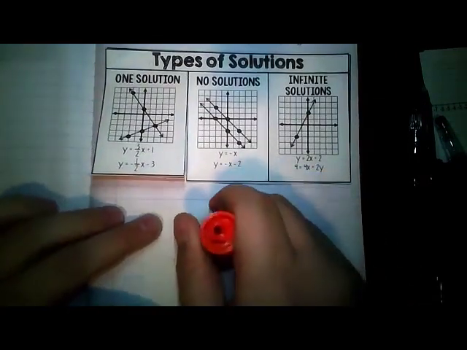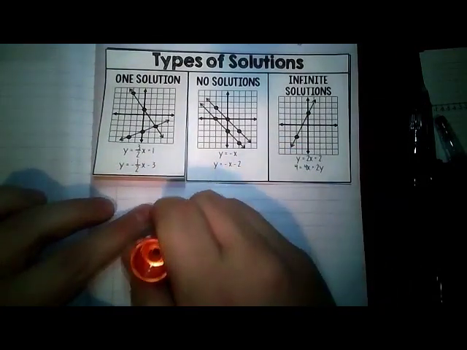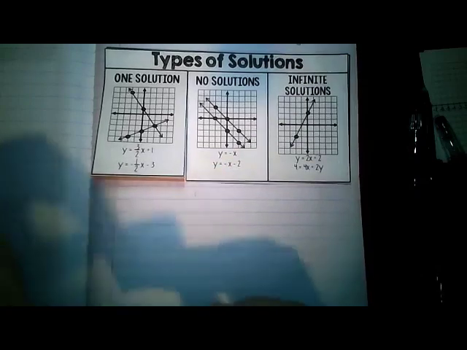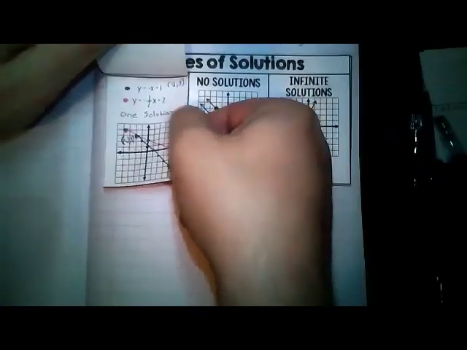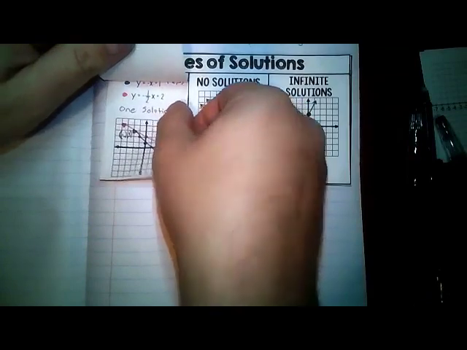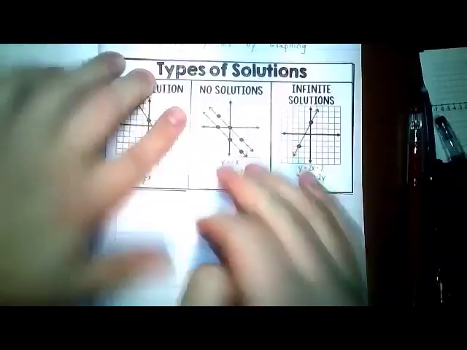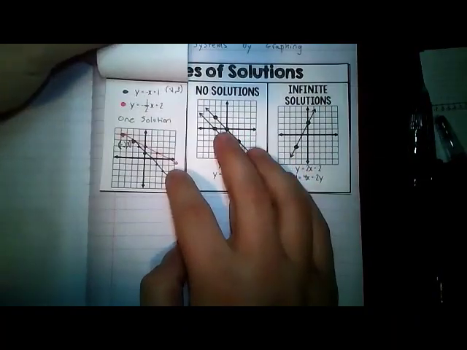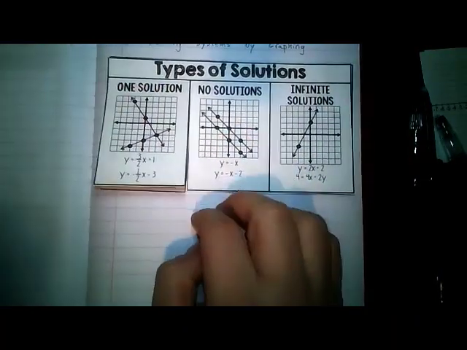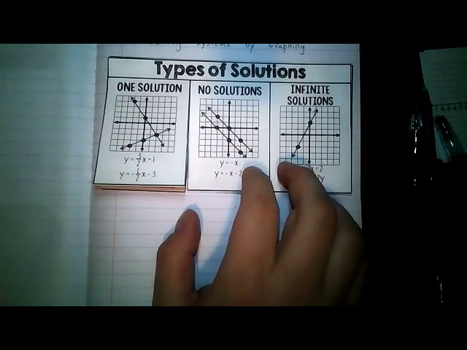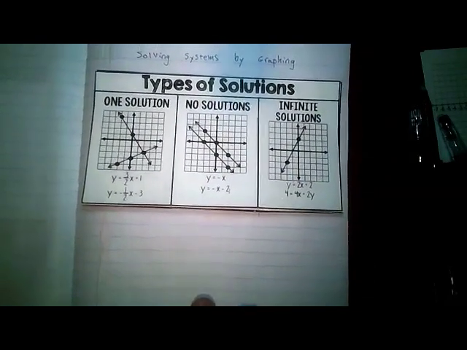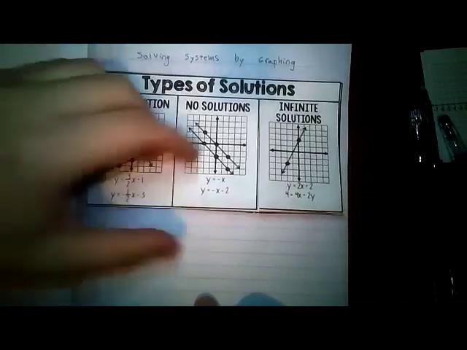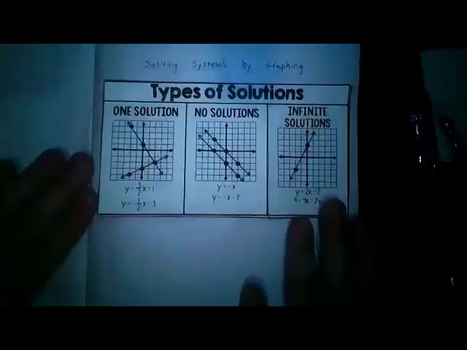Put some glue in the back. X marks the spot. And just glue it down. So now I have an example, and when I flip it up, there's my example. And do the same for these other 2. So now our finished product, it should look like this. Those are the types of solutions.